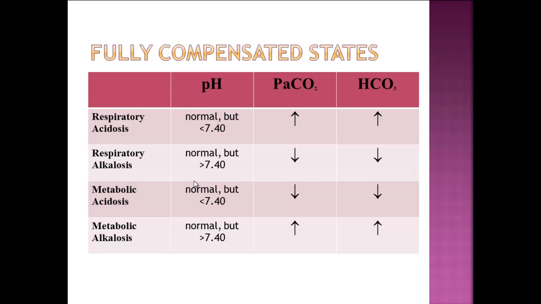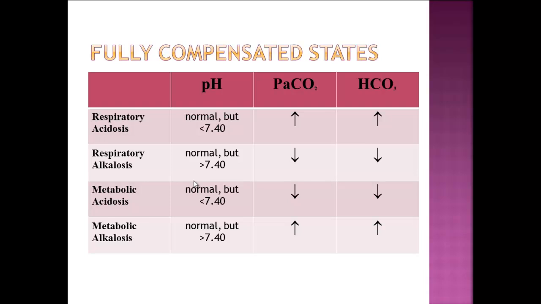Same with the metabolic acidosis. The pH is normal, but apparently is less than 7.4, our midpoint. And so we assume, since the bicarb is also moving in that same direction, that would have caused a metabolic acidosis.